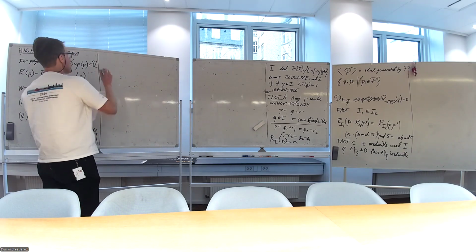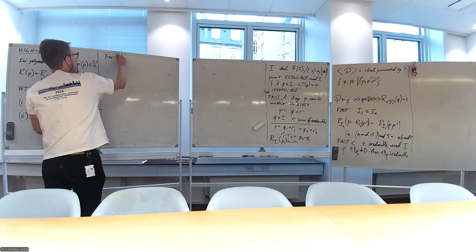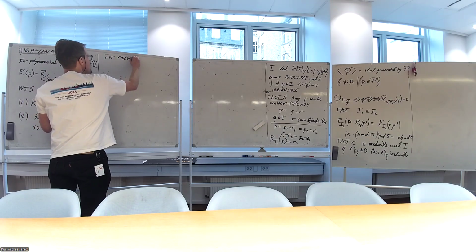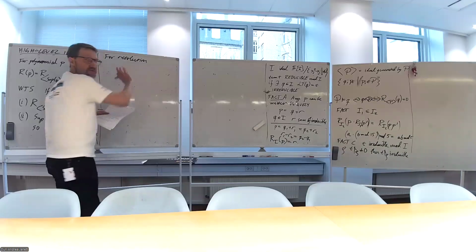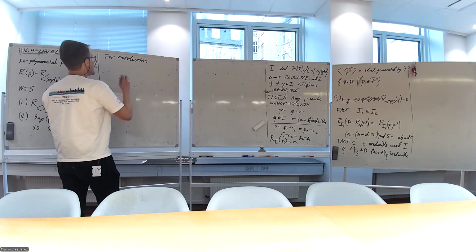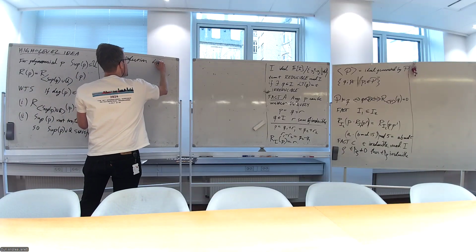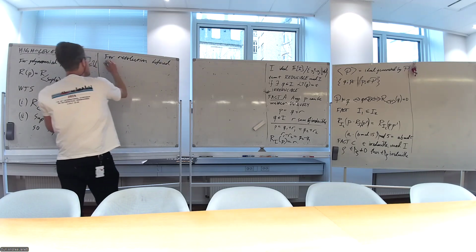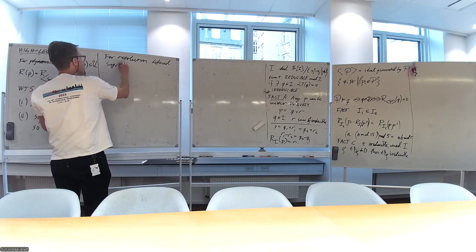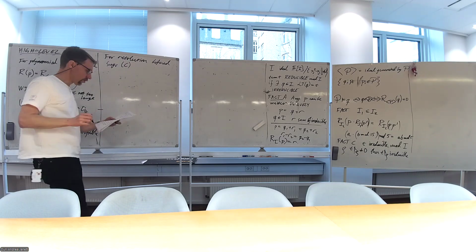Looking back for resolution, what did we do? We actually had this UV graph, and we defined what we called the support of a clause.